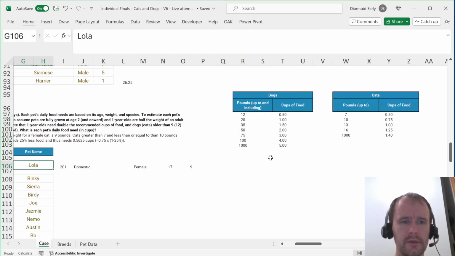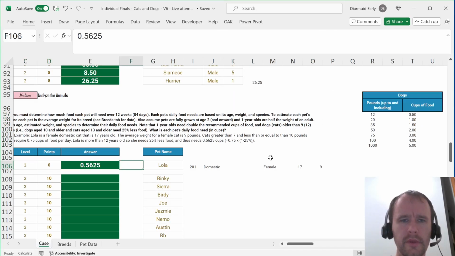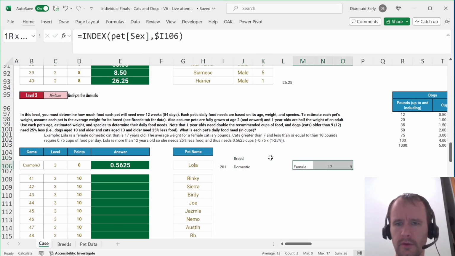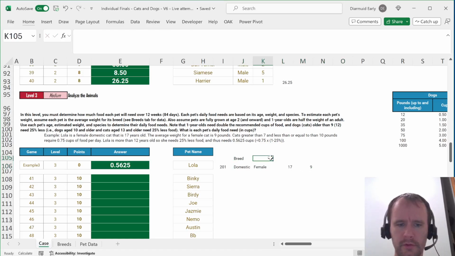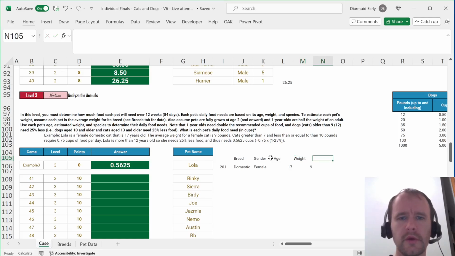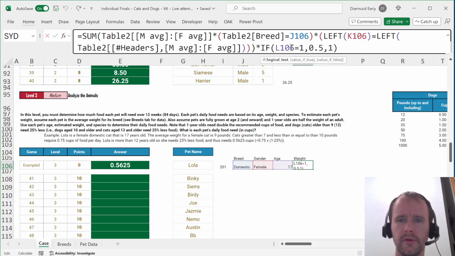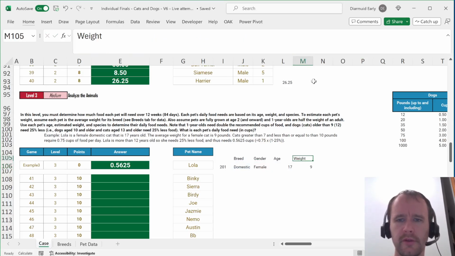Okay, so then, we also need to know, this breed, call it gender, they call it sex, I don't know, age, this is estimated weight. Oh yeah, no, that's good, so we're already factoring in the smallness.